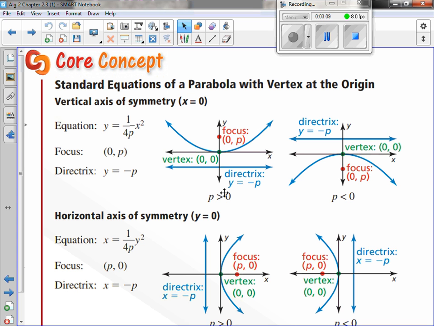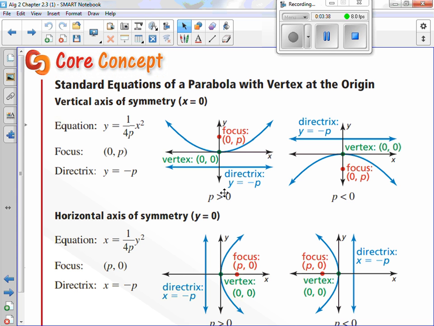And when we look at this here, it'll help us determine which way it's going. So p is greater than 0, it's going to open up. P is less than 0, it's going to open down. And again, when you take the test and do this on the homework, you can reference these here. P is greater than 0, it's up. P is less than 0, it's down.